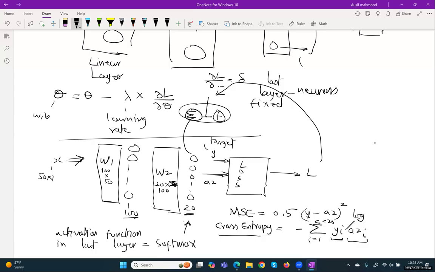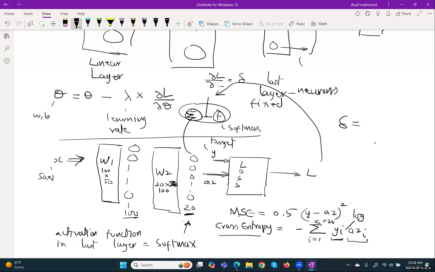In one of the lectures, we did the derivation of the delta. If this is the softmax as an example, then my question is, after we went through all the math of deriving the delta, what is the delta? Anybody remembers? Very good.